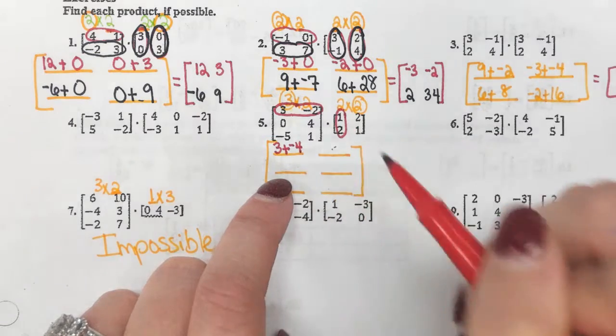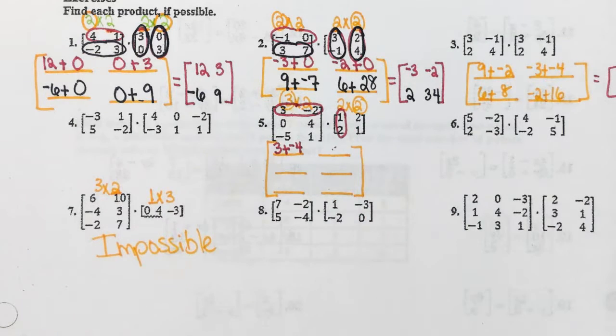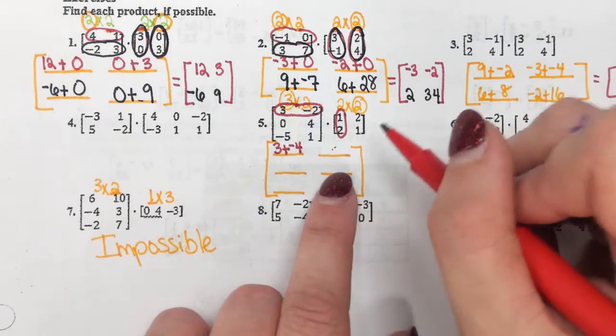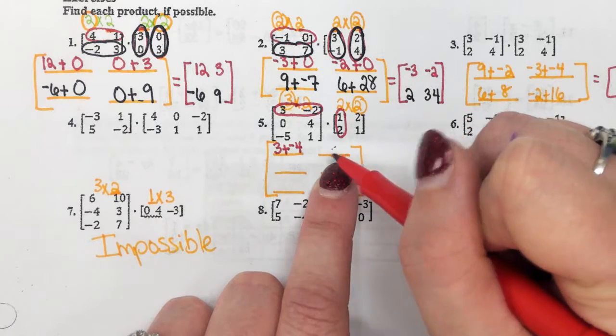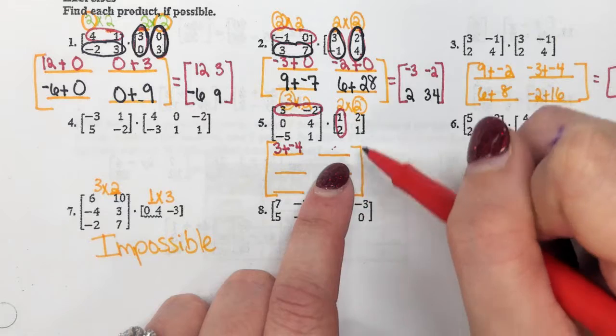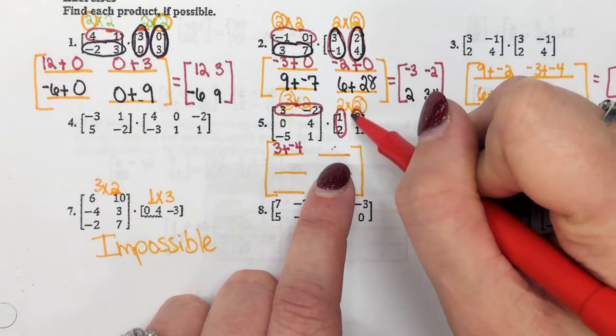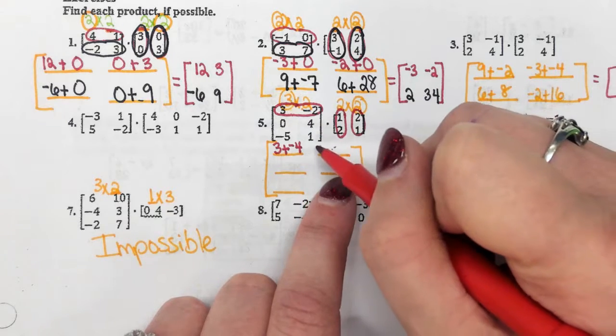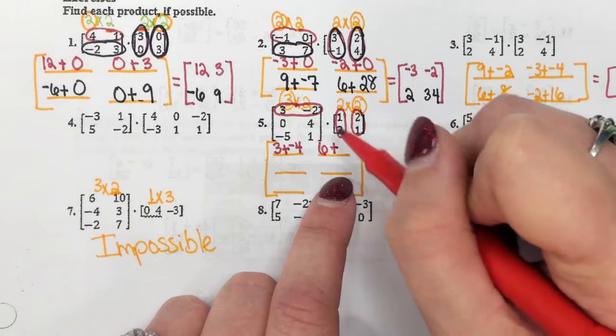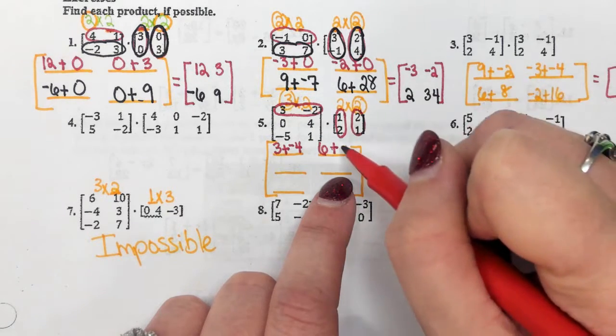Yeah, we skipped number 4, just because I started 5. I thought we were on 5. Same thing here. What row is this one in? It's in the first row. What column is it in? Second. There you go. So we have 3 times 2, and negative 2 times 1 is negative 2.